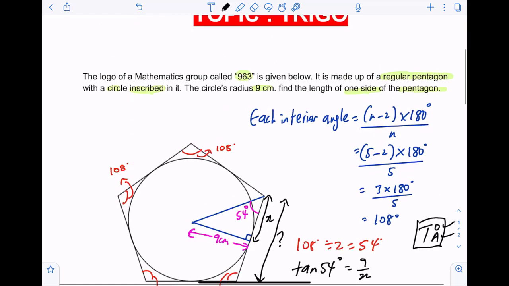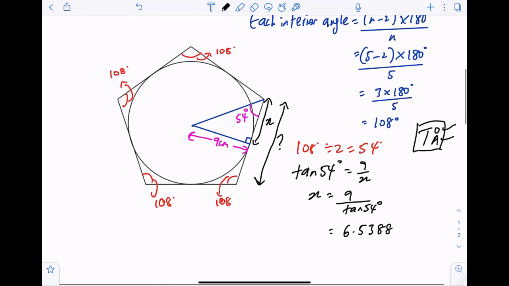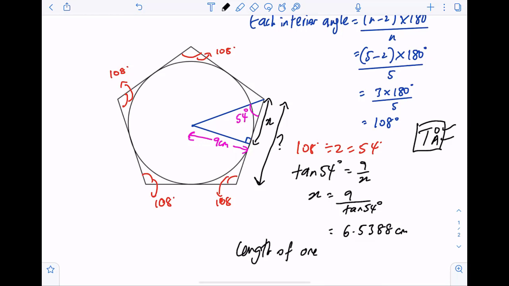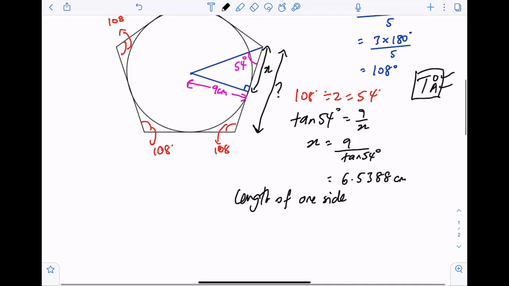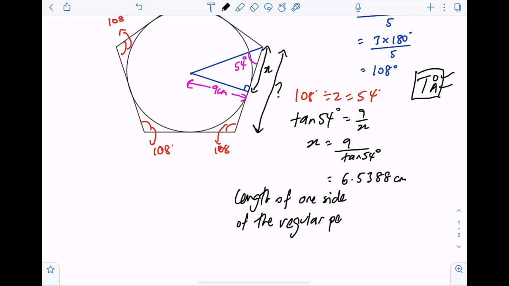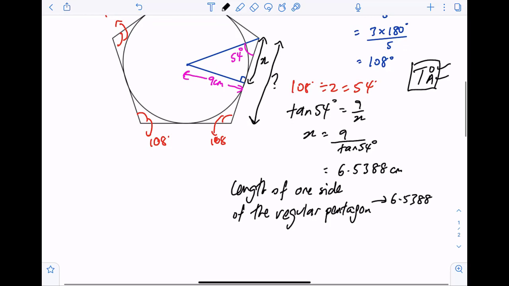This will be in cm, because radius is in cm, right? So the length of one side of the regular pentagon will be equals to 6.5388 times by 2, because that's just x, you need to times by 2 to get the whole thing.